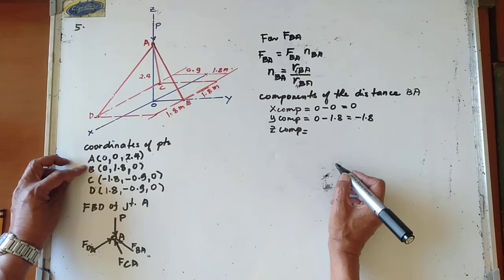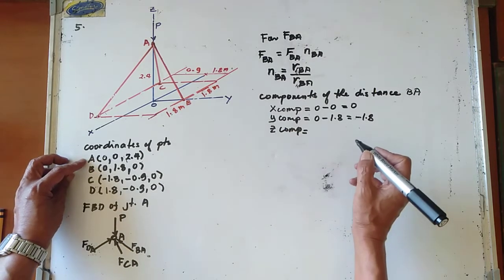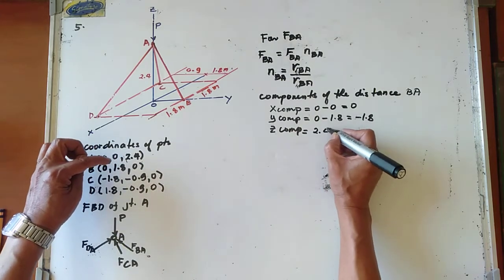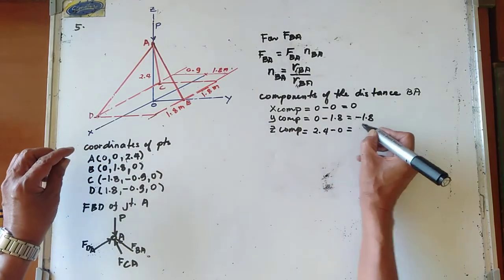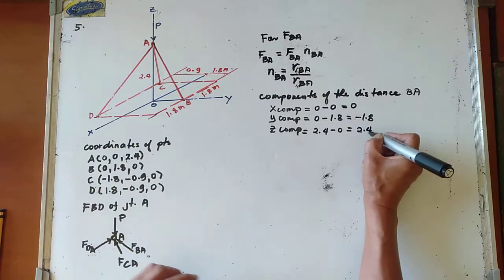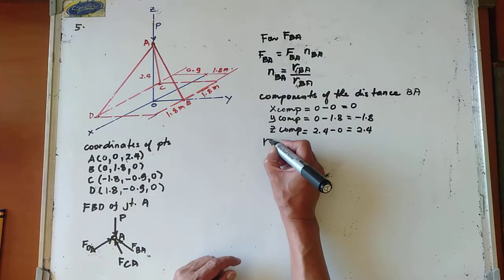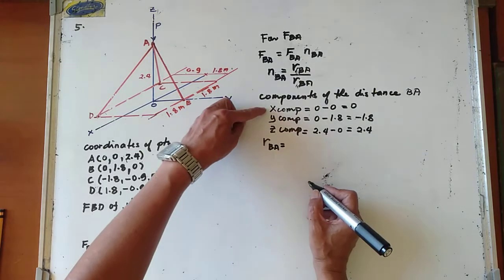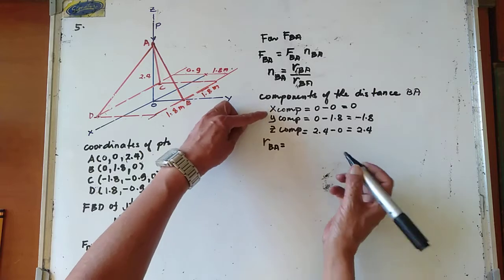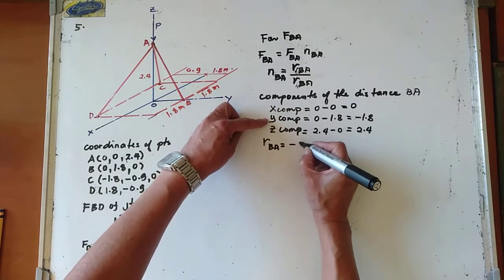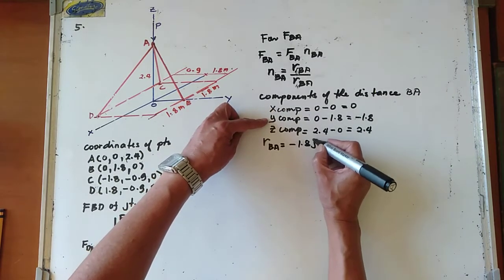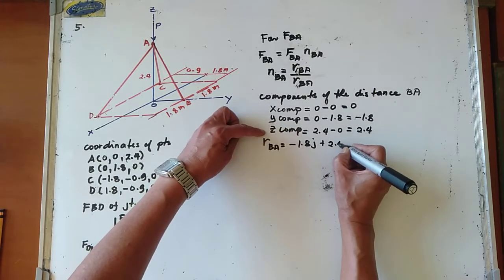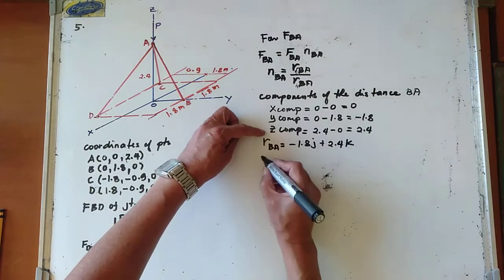The z component is 2.4 minus 0, which is 2.4. Hence, the position vector BA is 0i minus 1.8j plus 2.4k.